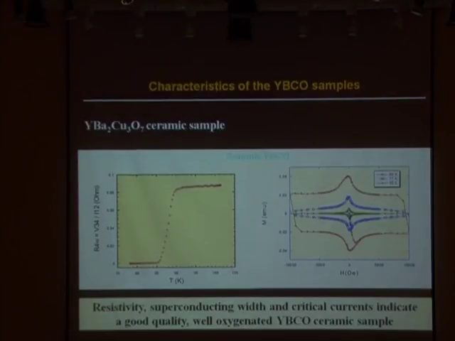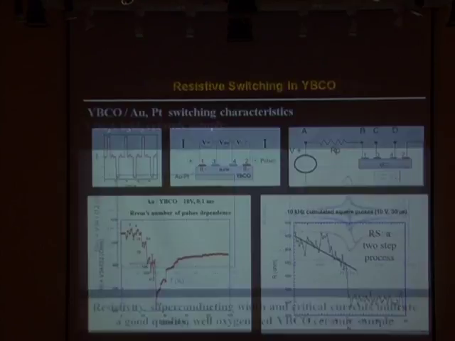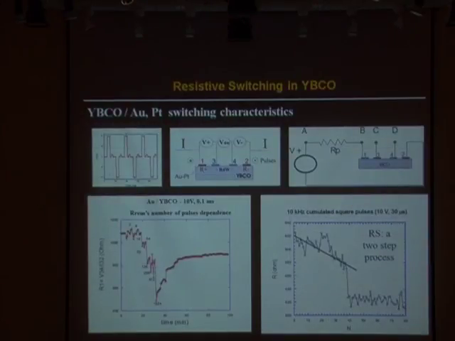So we chose a good ceramic YBCO sample, well oxygenated, with a nice superconducting transition, with a standard width of the transition, and with good critical currents. In this type of samples, we make this type of contacts.